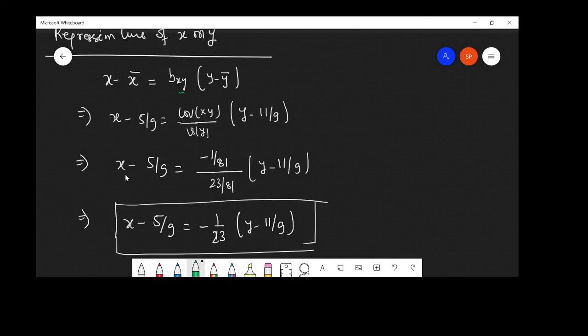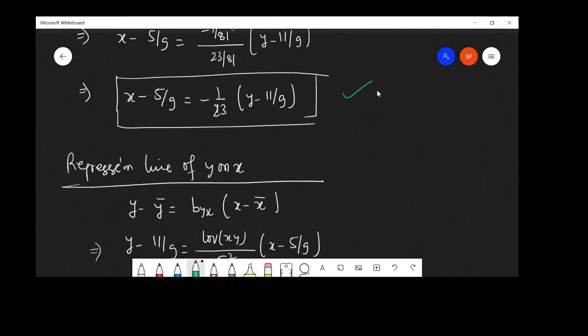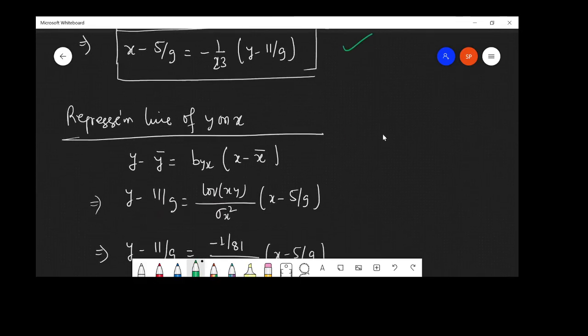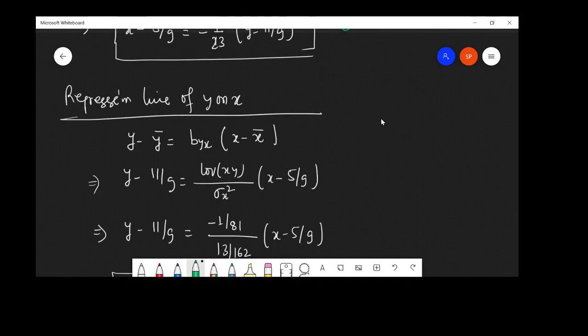So x minus 5 by 9 is equal to the covariance we already found, minus 1 by 81, over the variance of y, sigma y square, which is 23 by 81, times (y minus 11 by 9). After simplifying, we get the regression line of x on y, which is given here.